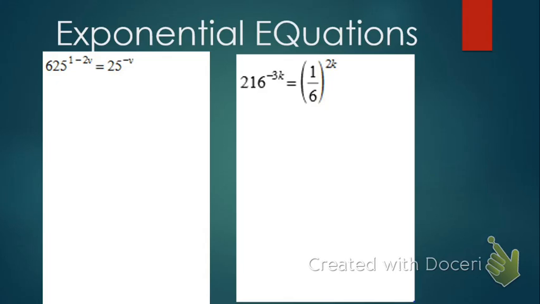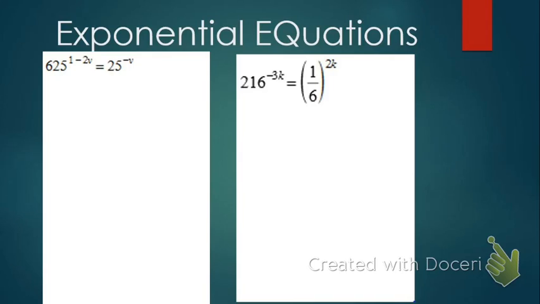Alright, so let's try these two right here. Looking at the first problem there, 625 to the 1 minus 2v power equals 25 to the minus v. What we notice is that left and right are equal to each other. They don't look equal, but they are equal. What we want you to do is change the bases. You have 625 as a base and 25 as a base. Let's change the bases so they are the same.